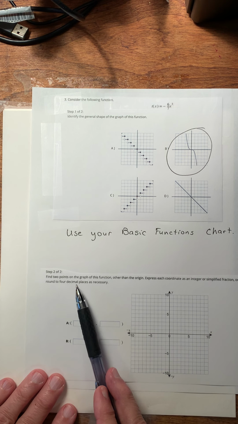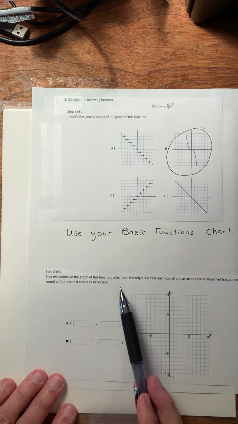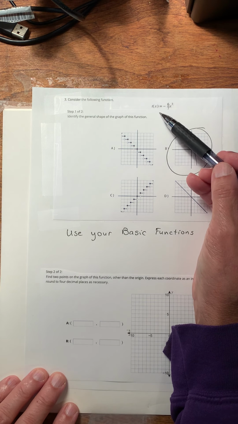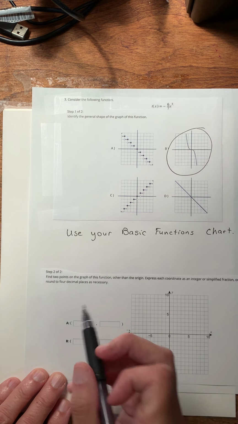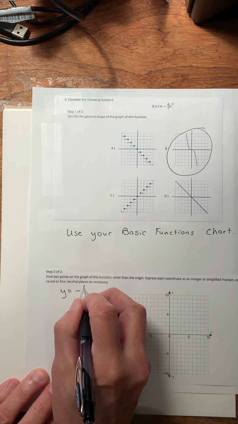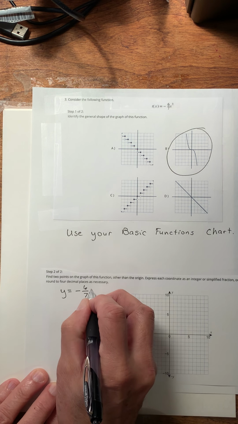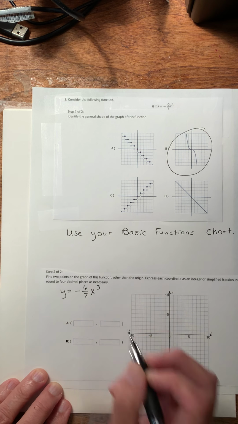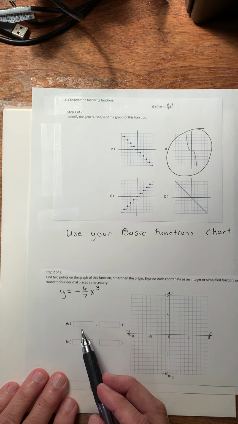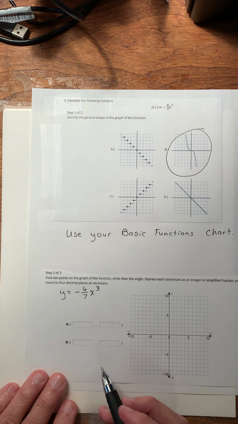Secondly, find 2 points on the graph of this function other than the origin. Now remember, if I have f of x, I can also express that as y equals negative 6/7 x to the third. Again, make it easy on yourself. Pick an x that's going to make it easy. Here's an easy x.